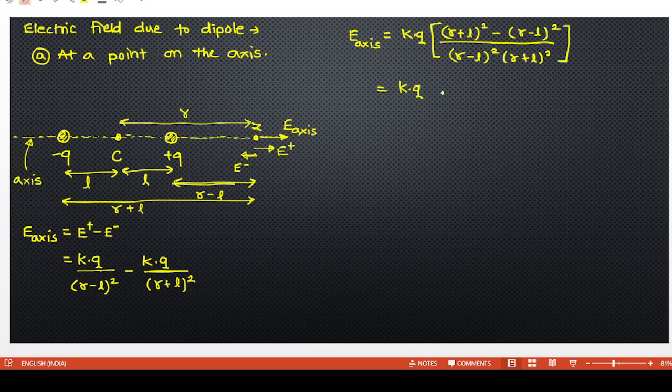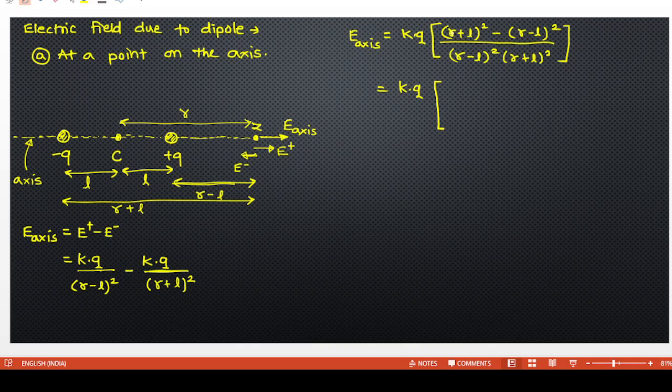So kq in the bracket. Now when you expand this square, r square minus r square will get cancelled, L square minus L square will also get cancelled.